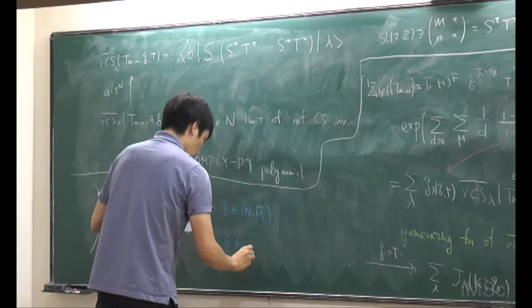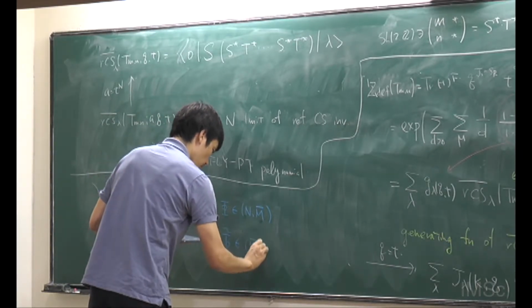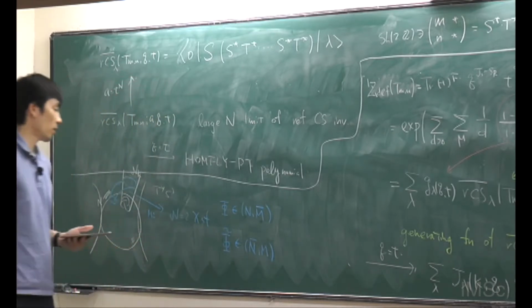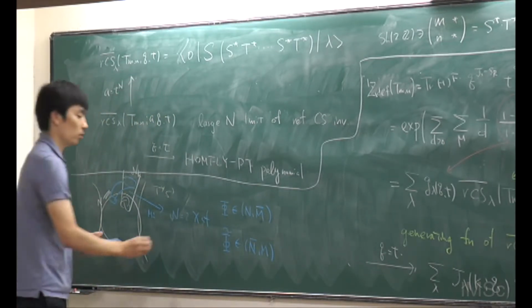Another representation is N bar, and there are two N equal to 2 chiral superfields.